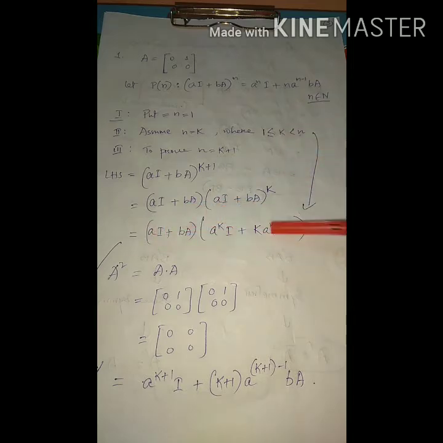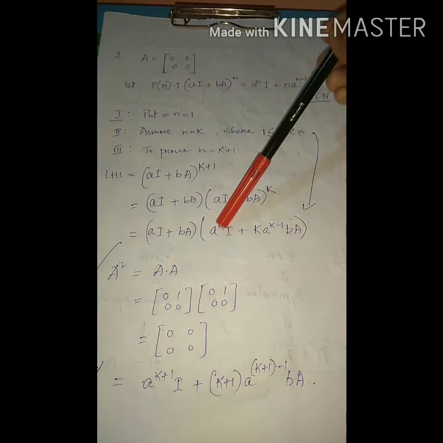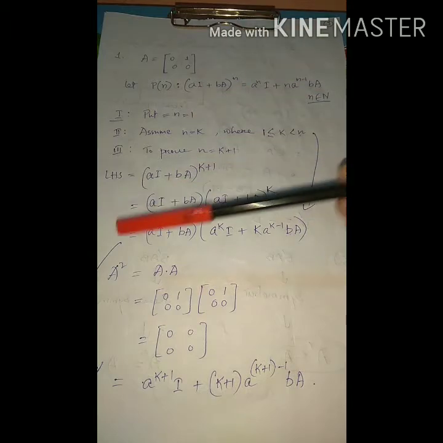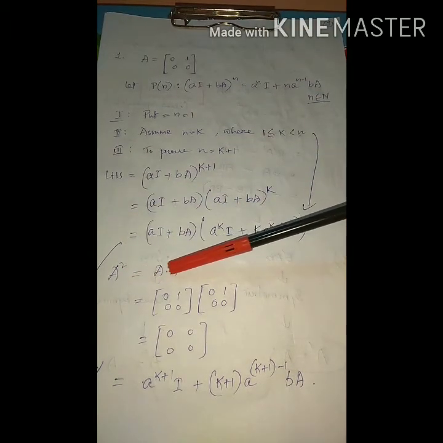Then we have to multiply these two. If you multiply, aI with these two terms, similarly bA with these two terms, we get a total of 4 terms. In the bA times bA part, we get b squared A squared. Let's see the value of A squared. A squared means A dot A, and if you multiply A dot A, we get the 0 matrix.